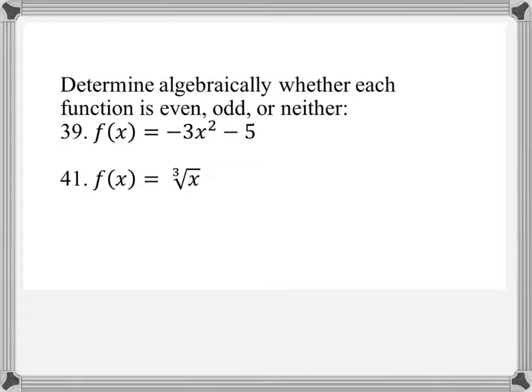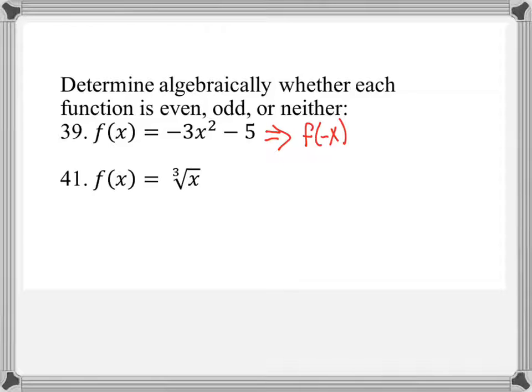Okay, let's determine algebraically whether each of these functions is even, odd, or neither. So on the previous slide, we looked at it from the graph. Here we will do it algebraically. So for both of these, we want to start out by determining what f of negative x is.